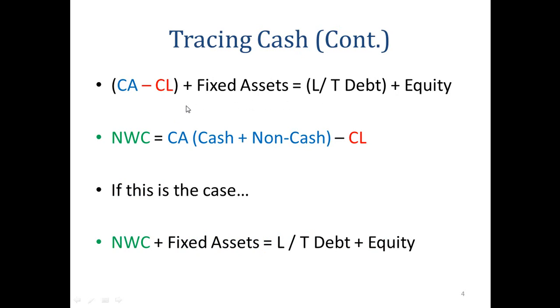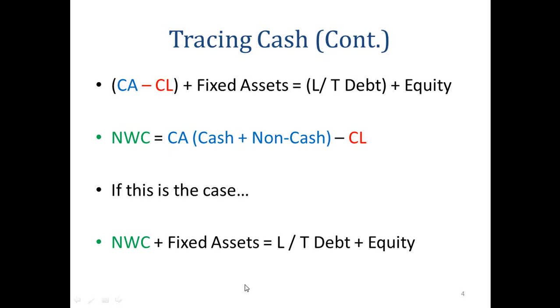If I bring that equation up to the top again, remembering that net working capital is CA minus CL, we can rewrite this statement another way. We can plug in net working capital right here, the green. Fixed assets comes back and equals all this.